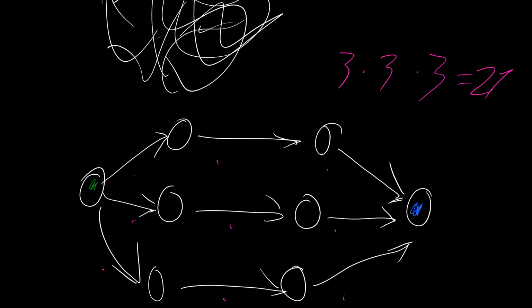You have 27 minimal cutsets, and that's for this example. If I just drop one of these in and maybe one of these, now the number of minimal cutsets is way bigger. Now it's greater than 27, probably by a lot. So you can see that this is a problem.